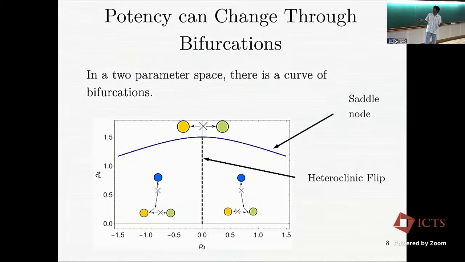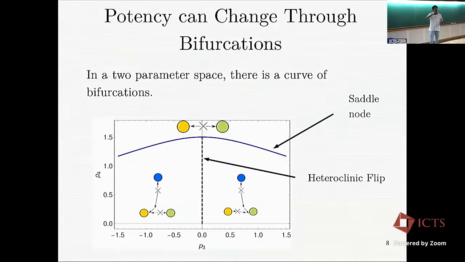As you change those parameters, whatever your favorite network equations are, you're going to get these curves of saddle node bifurcations. In this case, this means that you go from a place where you just have two stable fixed points to three stable fixed points. So that's the saddle node. And then you can also get these dashed lines, which are the heteroclinic flips, which are telling you, again, if there's a heteroclinic orbit, whether you go to the left or the right.